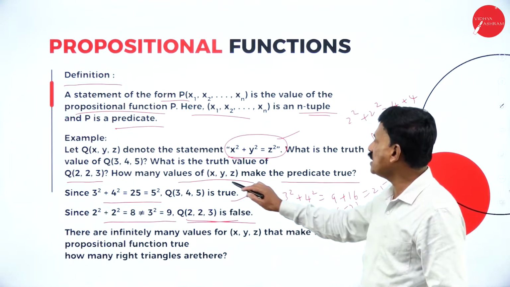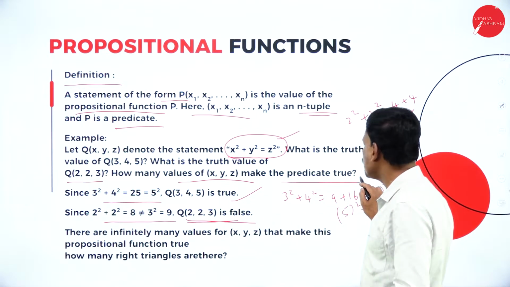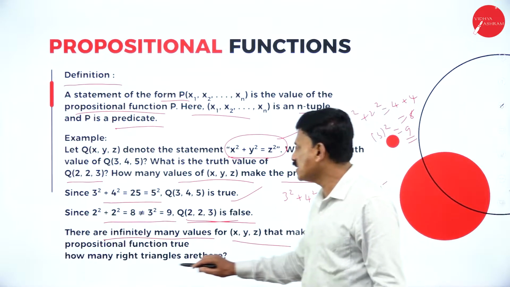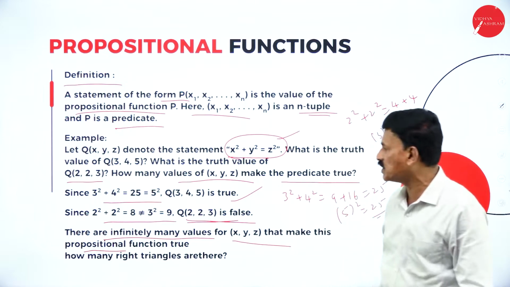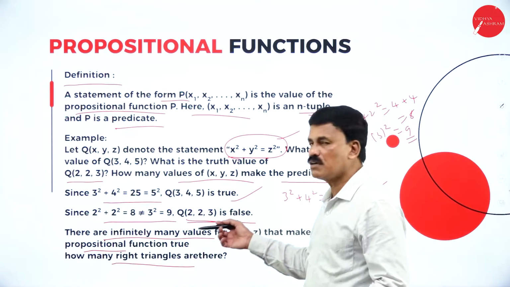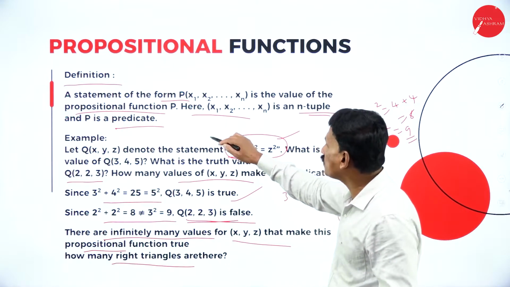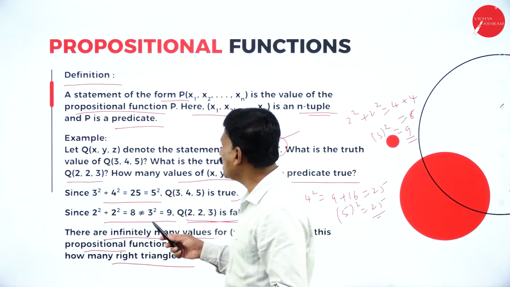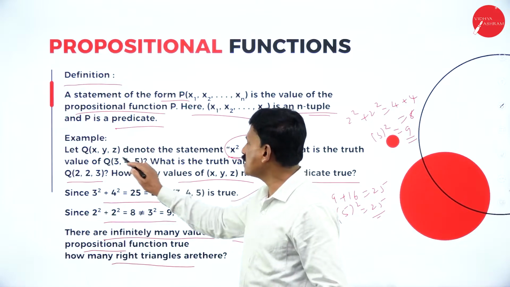Now, how many values of x, y, z make the predicate true? There are infinitely many values of x, y, z that make this propositional function true. This is a small example to explain the concept of a predicate.